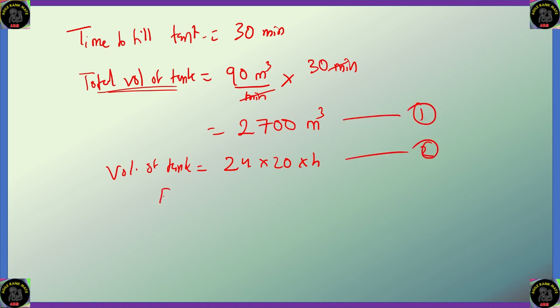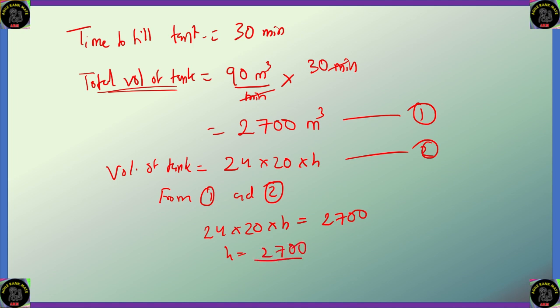So from 1 and 2, 24 into 20 into h is equal to 2700. From this we can find h very easily, which is 2700 by 24 into 20. The zeros cancel, 270 becomes 135. We can cancel 3 and 8, and over here we will get 45. So h will be equal to 45 by 8.